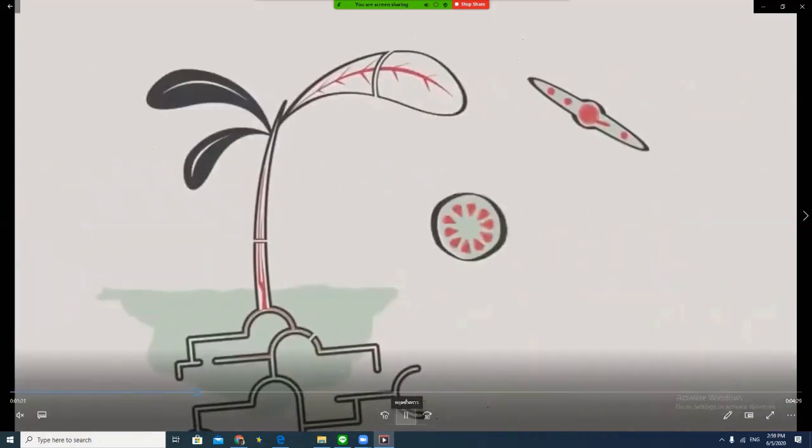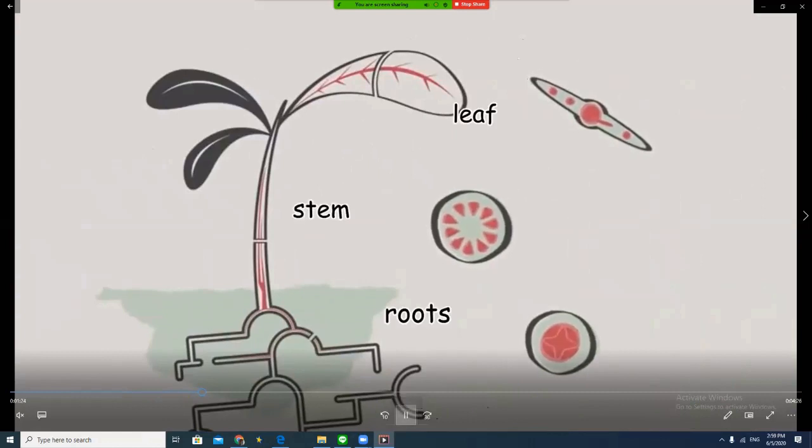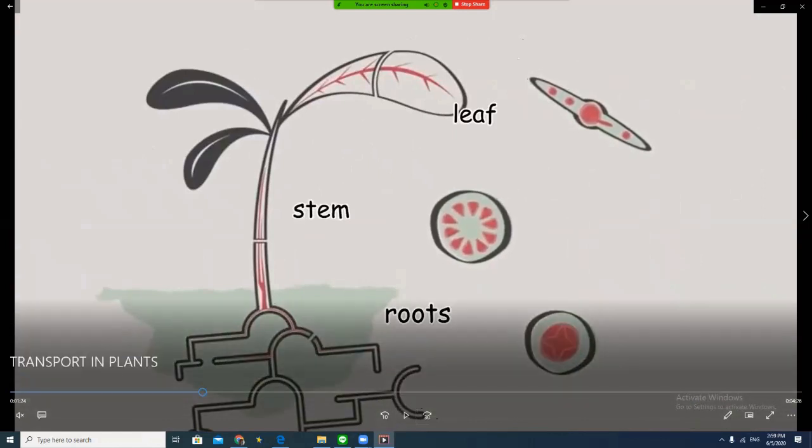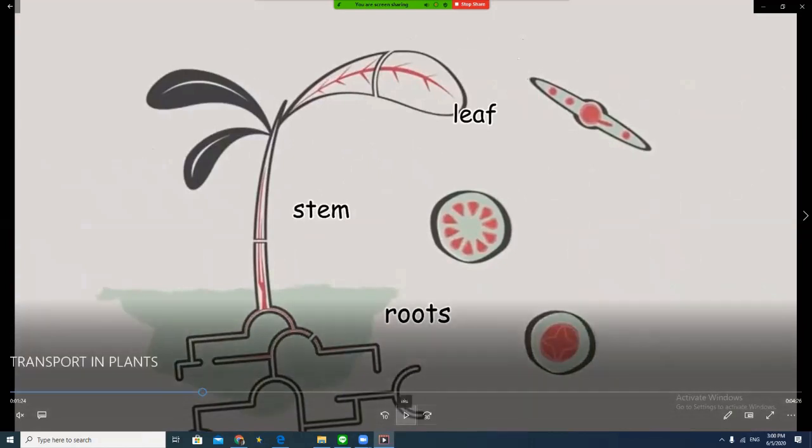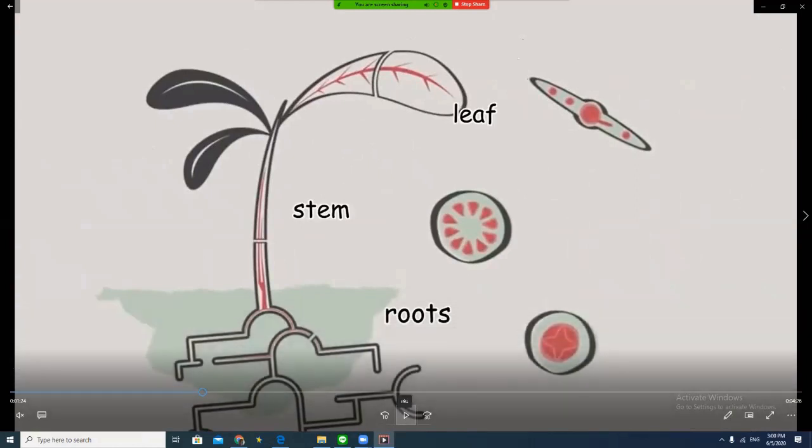As you can see, the xylem, the phloem, the xylem, the phloem. Different parts in a plant, different structure, but they have the same function, which is to transport the water and the sugar.